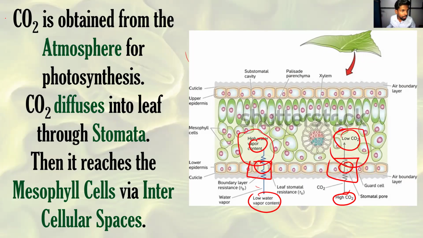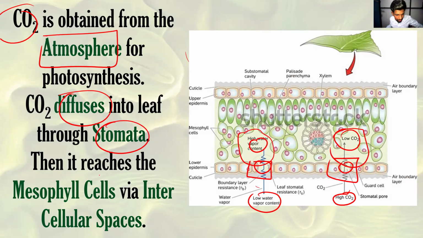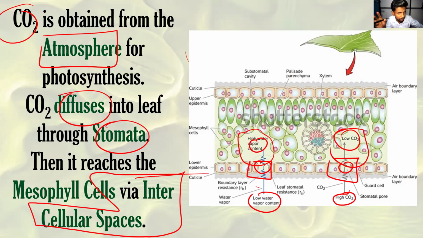Now read the question here. Carbon dioxide from the atmosphere for photosynthesis. So carbon dioxide diffuses through the stomata and it will enter into the intercellular spaces. Did you get that idea? Carbon dioxide from the atmosphere enters the leaf through the stomata and then enters the intercellular spaces.